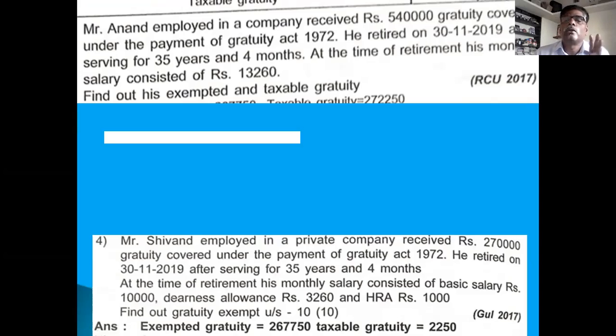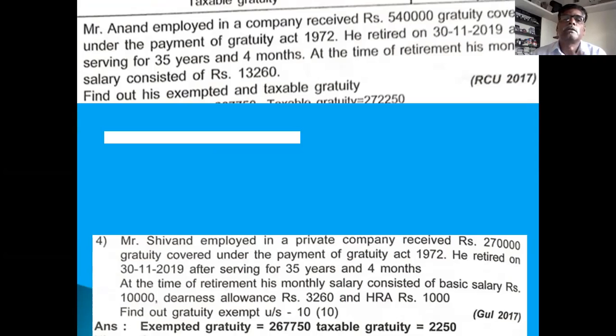Okay. So you have to take 3 points. First, you take gratuity received 5,40,000. Second point, actual gratuity received 5,40,000. Second point, maximum limit 20 lakh. Third point, salary for the completed year of service. Salary is 13,260 into 15 divided by 26 into 35 years, because there are 4 extra months.